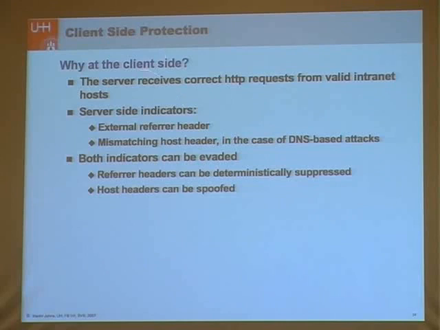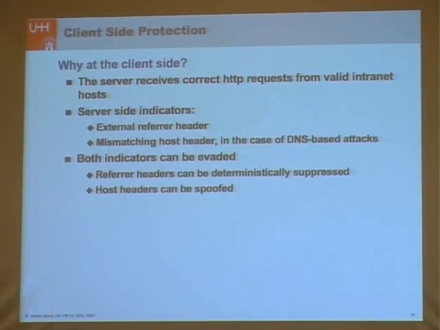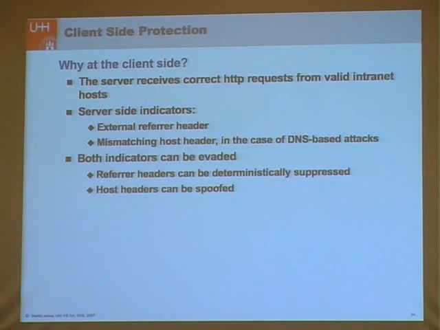The server only sees correct HTTP requests from intranet hosts that he trusts. If the attacker is really good and really stealthy, there's really not a lot that the server can conclude, because there are only two indicators that the server could employ: the referrer header and the host header.